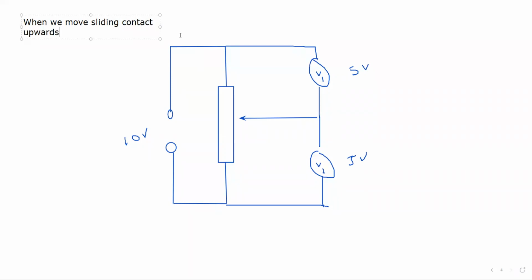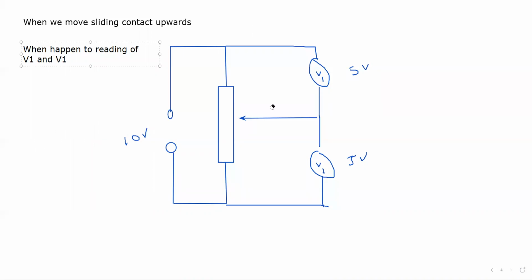what will happen to the reading on V1 and V2? So if I move it up, what happened to the reading of V1? V1, this top one, is V1. I'm moving the sliding contact up.